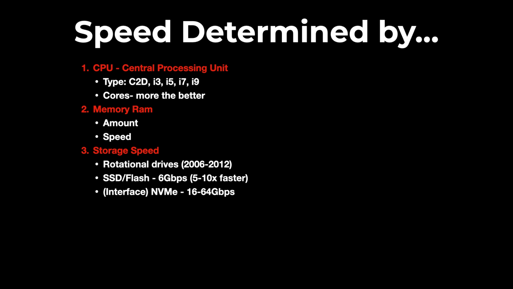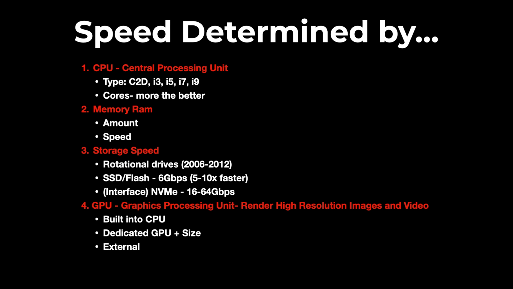Now the newer computers have these NVMe interfaces which work with your memory, work with your storage, and the transfer speed is much faster. Instead of 6 gigabits per second, it could go up to 16 or 64 gigabits per second, which is really fast to transfer that information. So that's another factor, what type of hard drive you have in your computer.